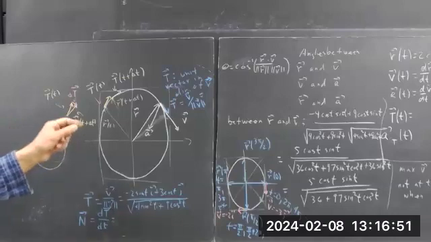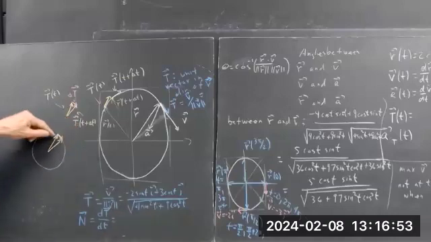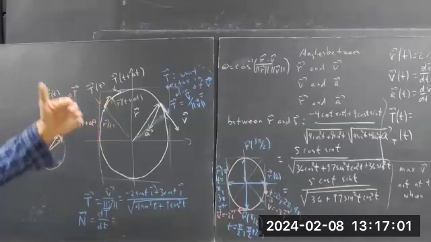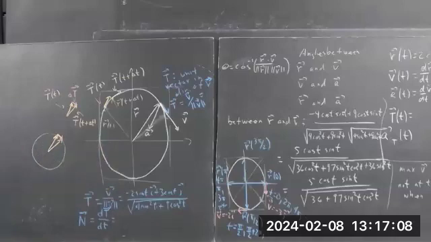So it goes from a point on the circle to a point on the circle because these two vectors end on the circle. And a small chord on a circle is very nearly tangent to the circle. And tangent to the circle is perpendicular to the radial vector.